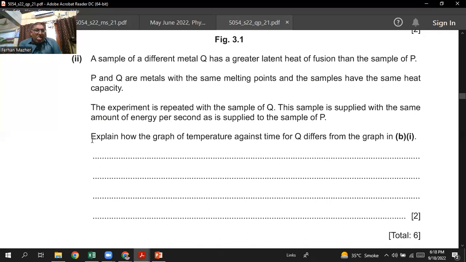So when the graph for sample Q reaches 250 degrees centigrade, it will remain at 250 for a longer time because its latent heat is larger. It will require a larger amount of heat, and to get that heat it will take longer.